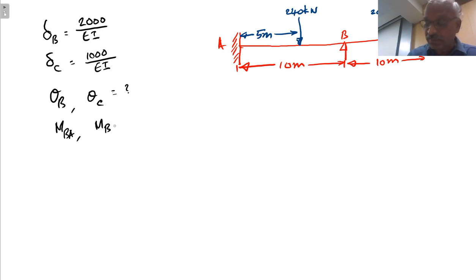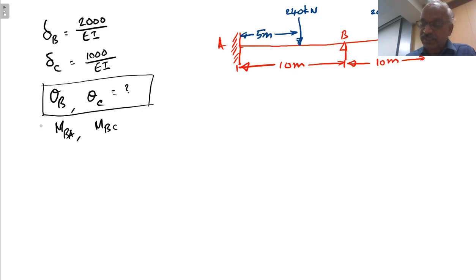Of course, for completion purposes, we will find all the values, find the end moments at B using the slope deflection method. This is the data: loads, span, two settlements. What is required is theta B and theta C, and using them, find the values of MBA and MBC. So this is the requirement.